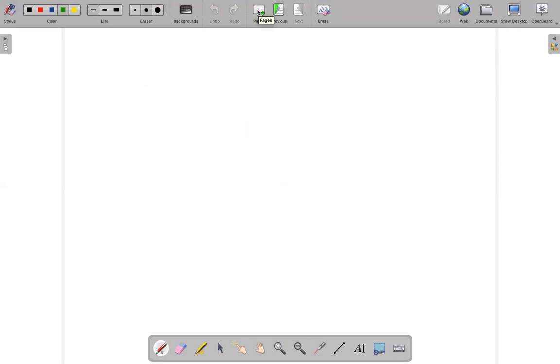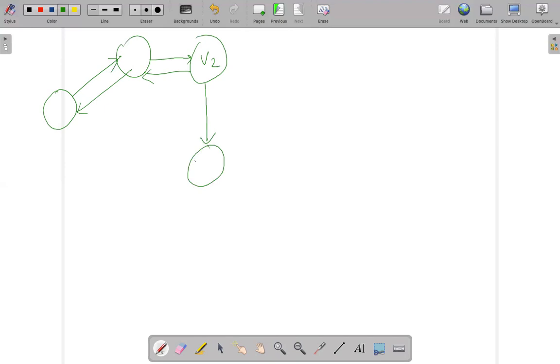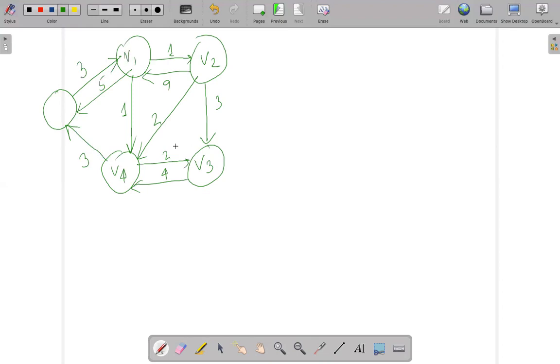Now, if we redraw the graph that we had drawn just now, for this, we can easily draw the W matrix. It's very simple.